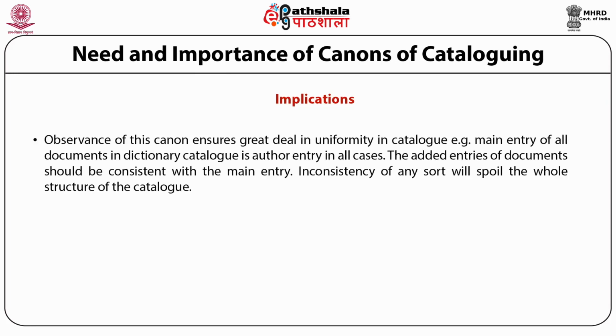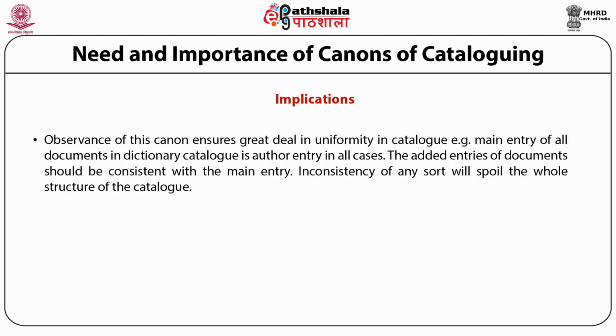Observance of this canon ensures a great deal of uniformity in the catalog. For example, the main entry of all documents in a dictionary catalog is the author entry in all cases. The added entries of documents should be consistent with the main entry.